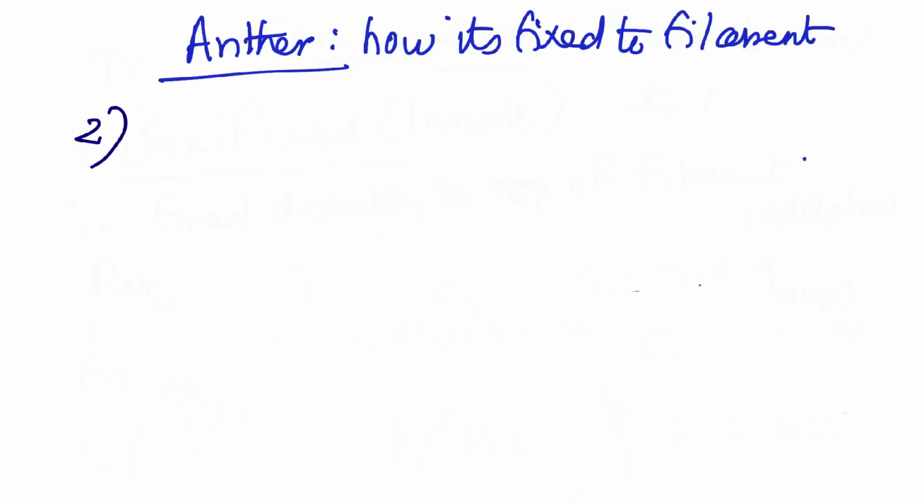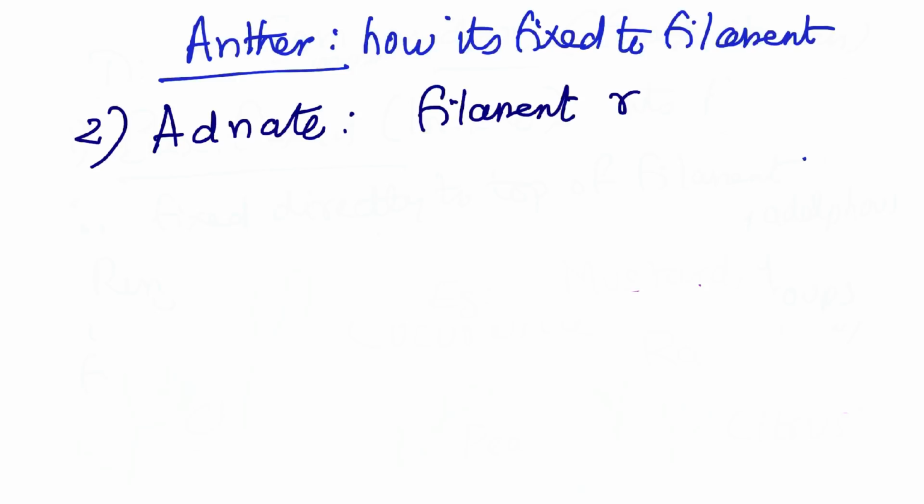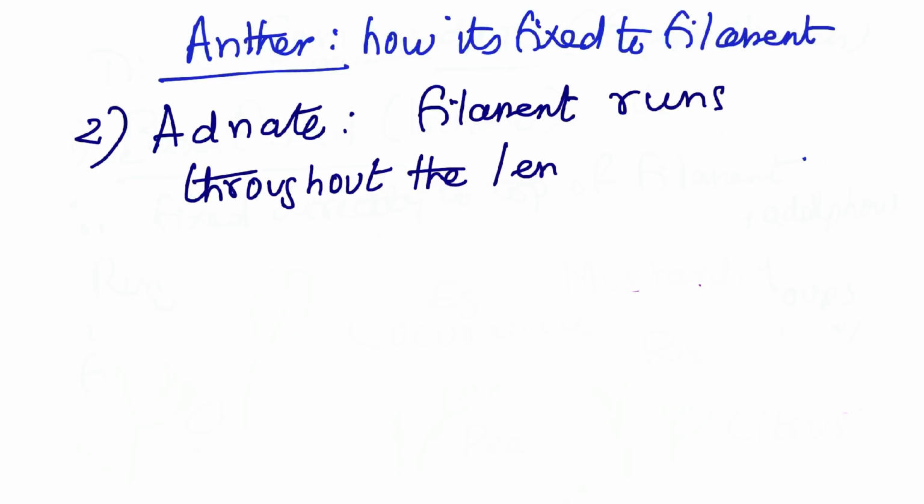A second case, as far as how the filament is fixed to the anther is concerned, is what is called Adnate. And here, interestingly, the filament runs throughout the length of the anther. So note that what it means is that the filament is forming part of the connective. We discussed earlier that the connective is the sterile tissue which connects the lobes of the anther.